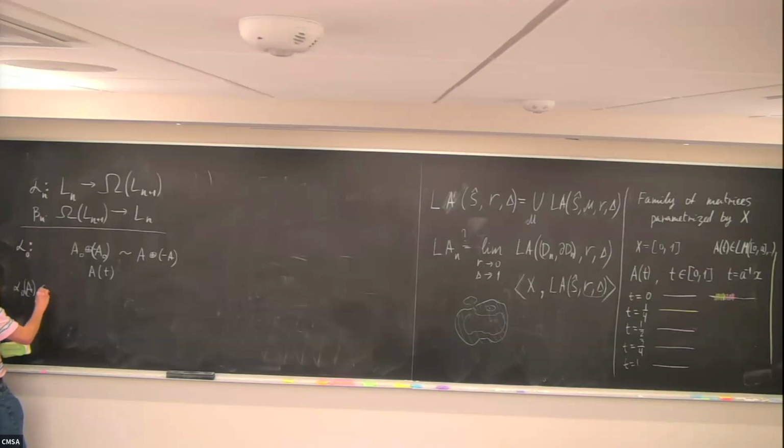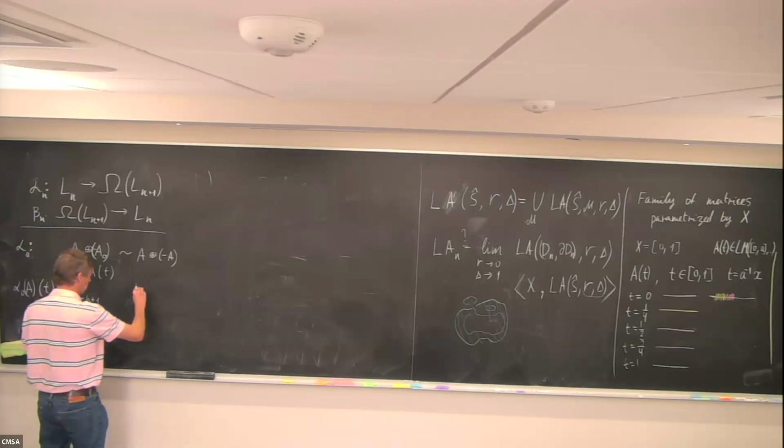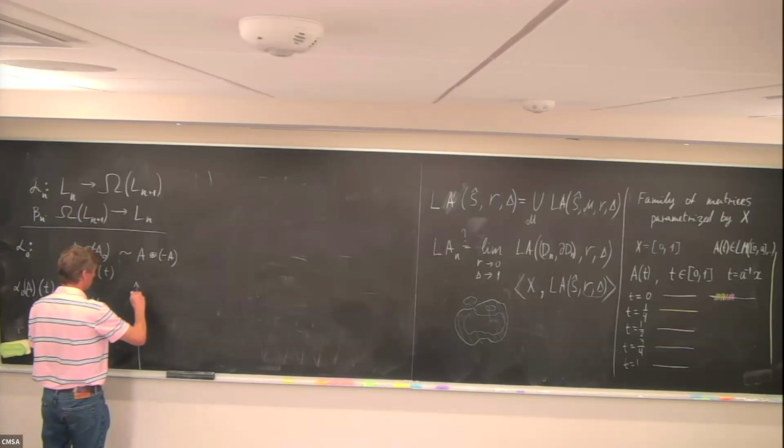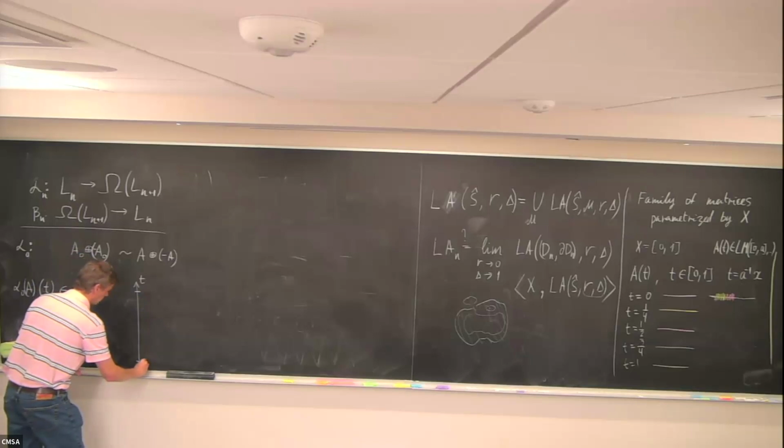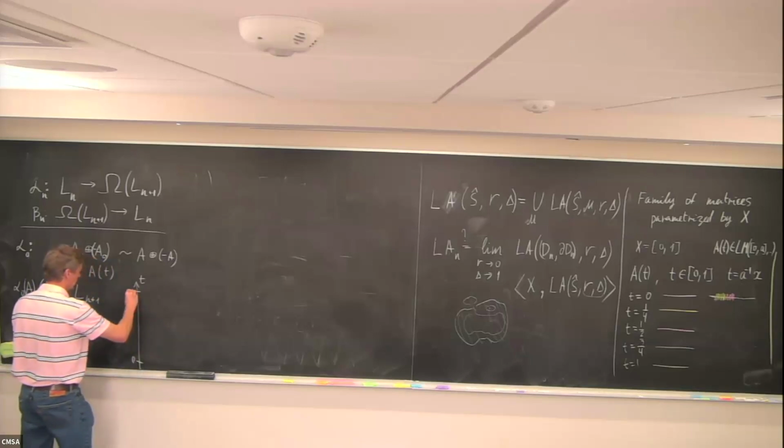That is an element with the new variable that is related to the previous T. So let me draw this new variable vertically. This is T, and it will go from 0 to 1.